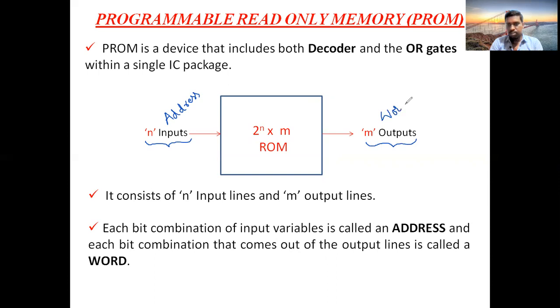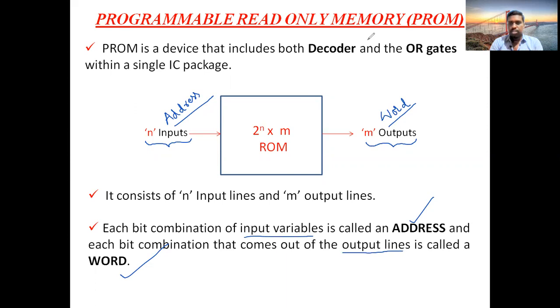Remember these two definitions. What is an address? Each and every bit combination of your input variables is called as address, and each and every bit combination of output lines is called as word.